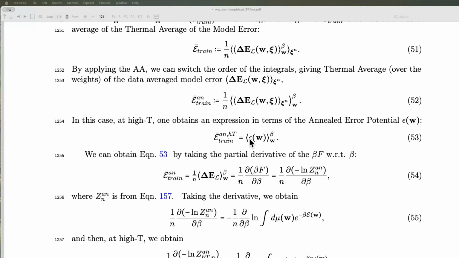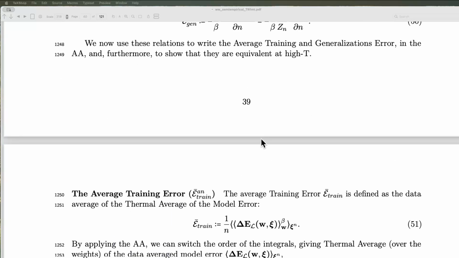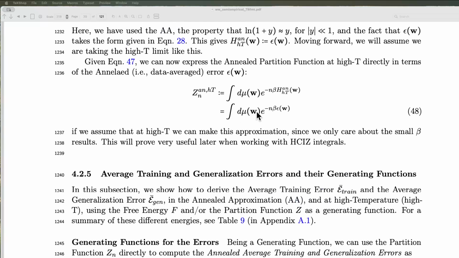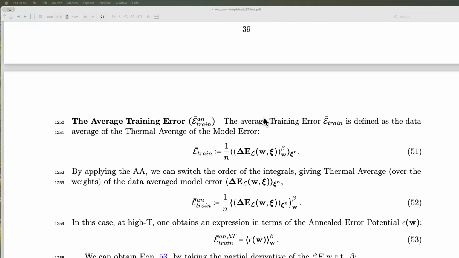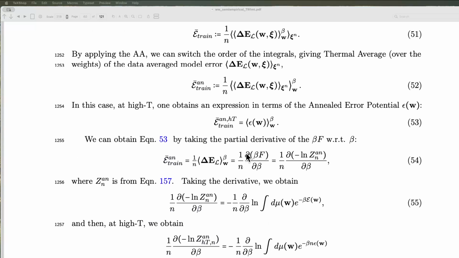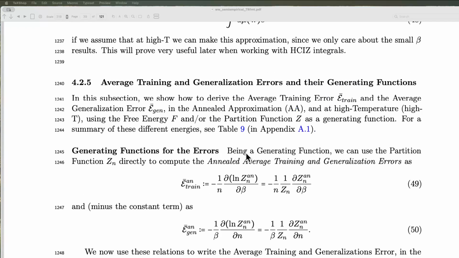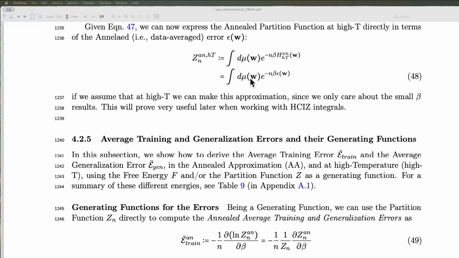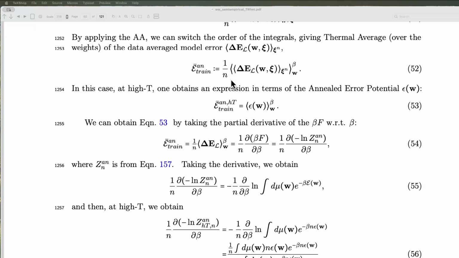So you get this nice result where the high temperature annealed training error is just the thermal average of this epsilon of W. And you may recall that appeared here. This is what that object looks like. This is the partition function, the normalization for this object.